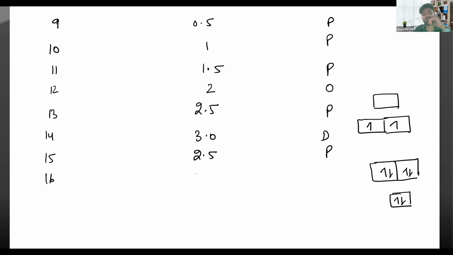Then the electron goes into this one, and the bond order will be 2.0. Then it will be again paramagnetic because there are unpaired electrons here. Then in 17, the next electron comes this way. Again the bond order will decrease by 0.5. The 17th electron will come here. It will become 1.5. It still has one unpaired electron, so it is paramagnetic in nature.